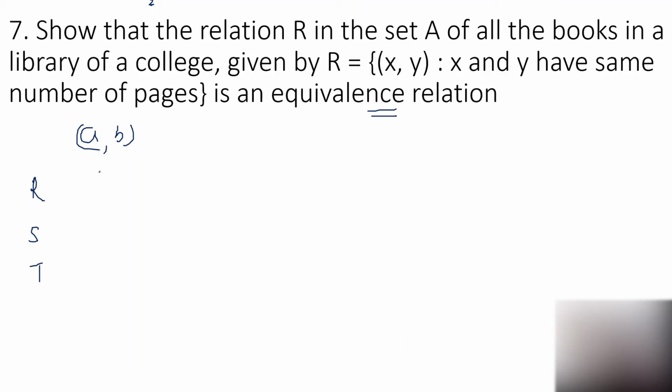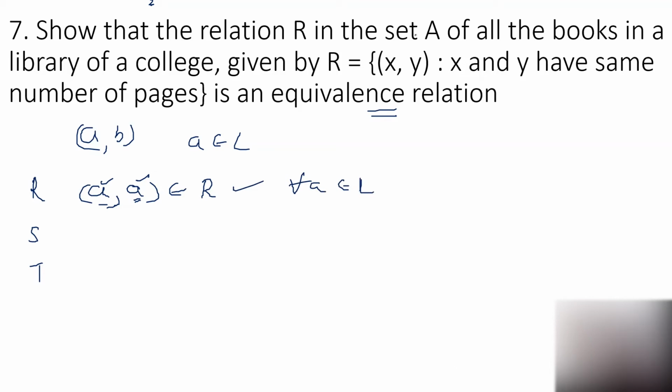So let's consider one by one. Let a be a book which belongs to that set of library books. Does a have the same number of pages as a? Yes, absolutely right, and it is true for all x belonging to the set of books.